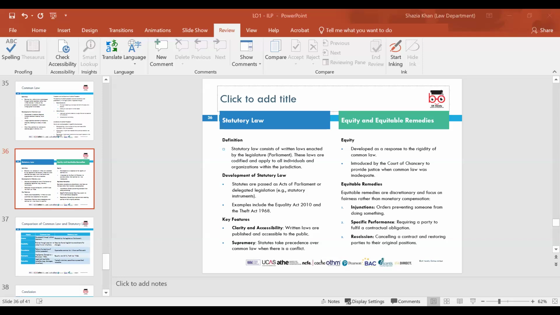Statutory law, on the other hand, is an act of Parliament, made by the UK Parliament. Bills are introduced in the House of Commons, agreed, and passed through the legislative process, and it has to get royal assent by the King to say they approve the law. You can't just say, I'm going to pass a law; it has to go through a process.